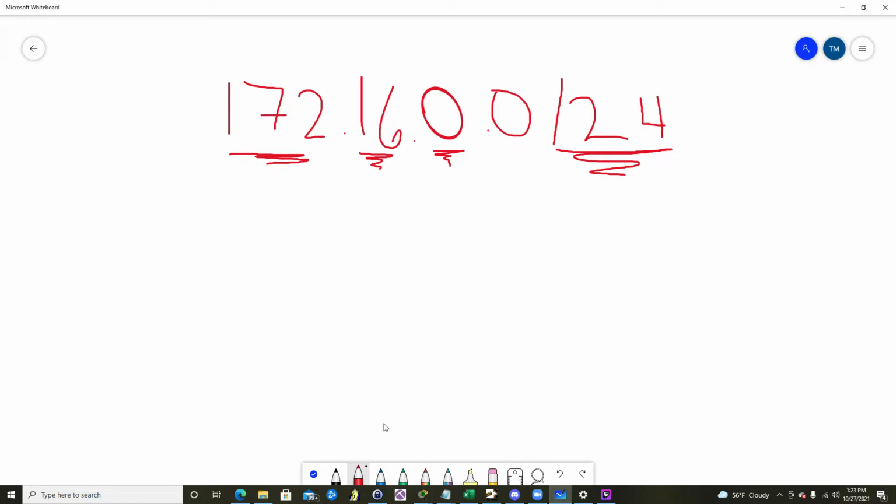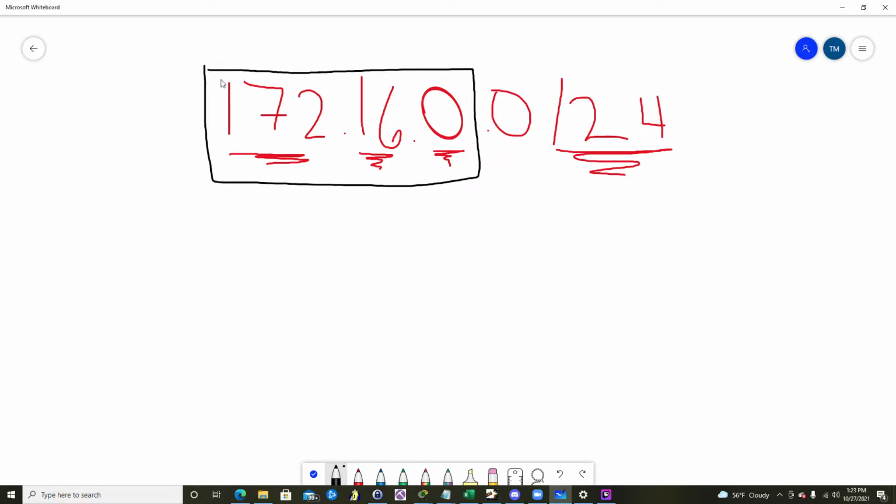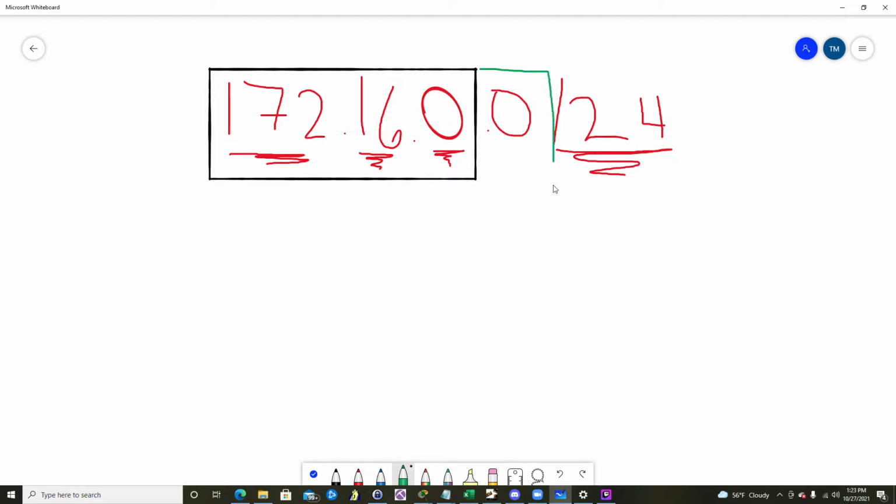So I can't do anything with these first 3 octets. All 8 bits in each of these octets, so the first 24 bits, are locked in place, but that last octet is free and available for me to manipulate and utilize.